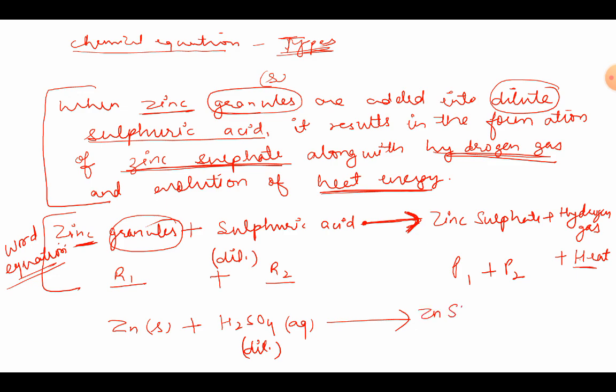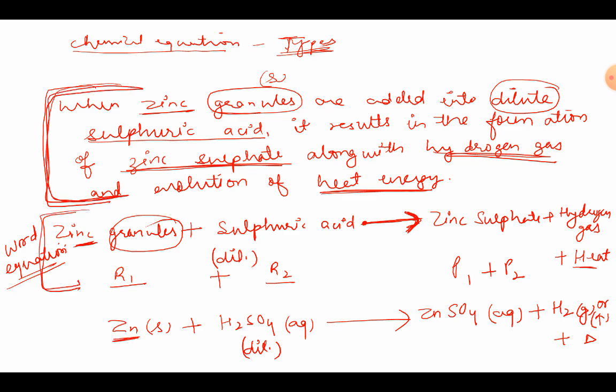This is zinc sulfate, which is again in the aqueous form, so we are going to write it as aq. And for hydrogen gas, either we can write a small g in brackets or we can put an upward arrow, along with the liberation of heat. So now we have written in terms of symbols and formulae everything that we wrote earlier in the paragraph or word equation. The shorthand representation of a chemical reaction in terms of symbols and formulae is called a chemical equation, right?